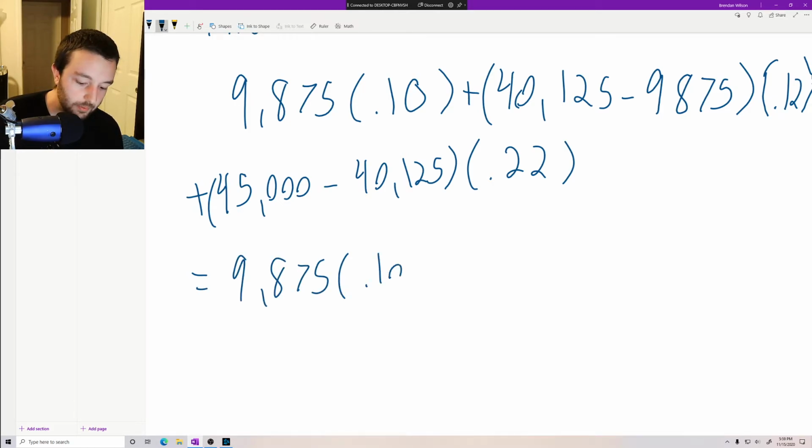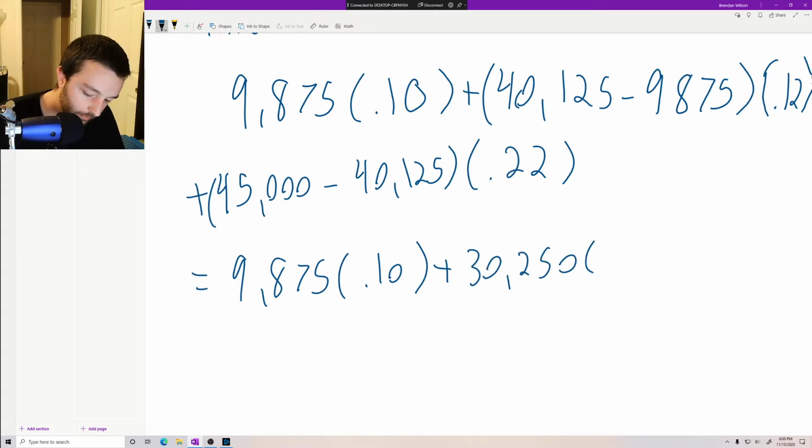Let's just simplify the parentheses first, so we can see exactly how much of our money is taxed at what rates. So 40,125 minus 9,875 is 30,250. And then 45,000 minus 40,125 is 4,875.